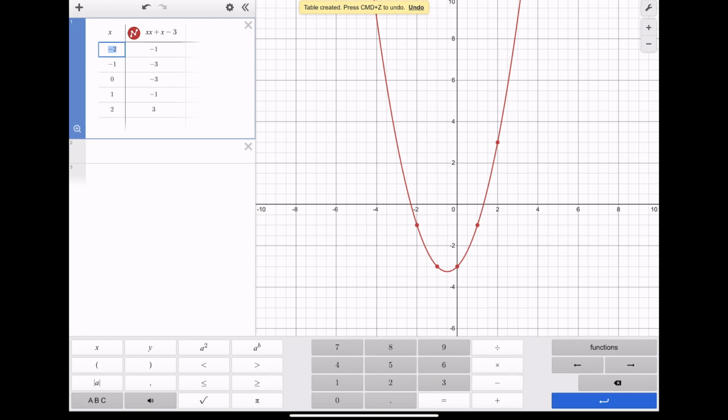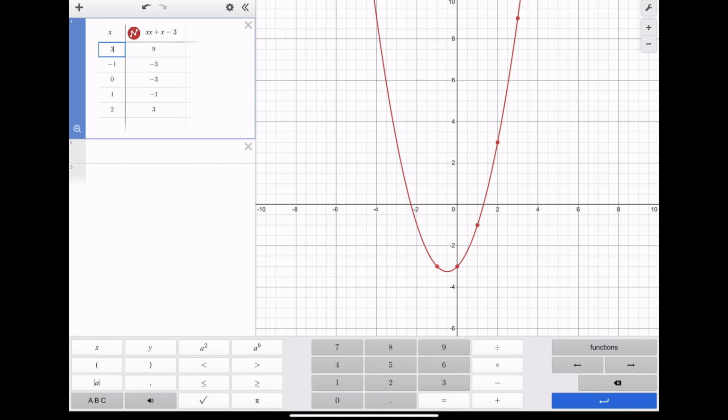So those are the numbers that I want to fill out. Take a picture of those, or just write it down. -2, -1, -1, -3, 0, -3, 1, -1, 2, 3. And if you want other values that are on there, for example, -3, you can just type it in and you'll get a value. Let's just say I wanted +3. It'll get the answer for you, 9.